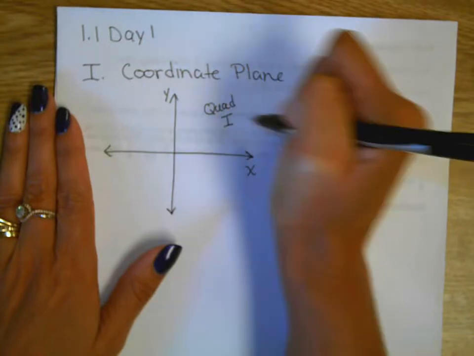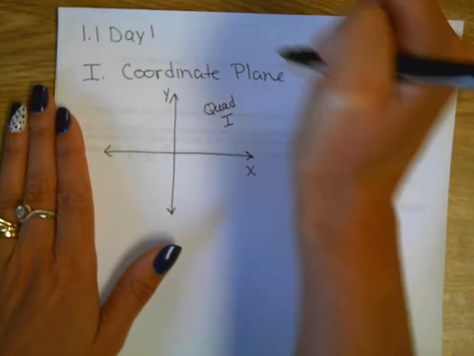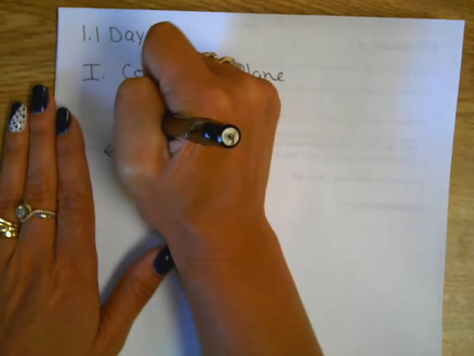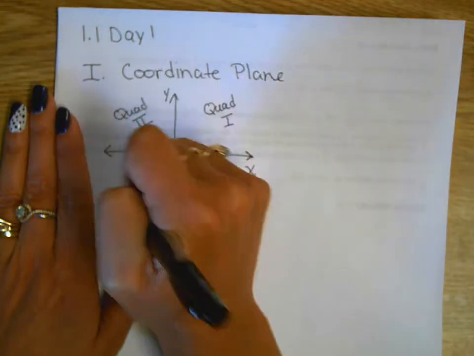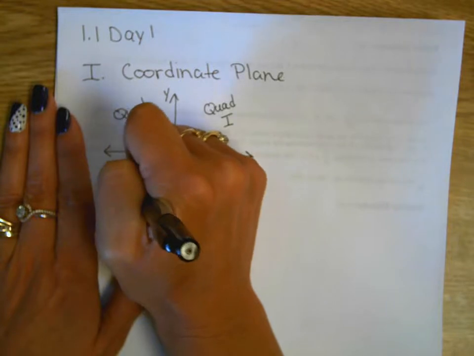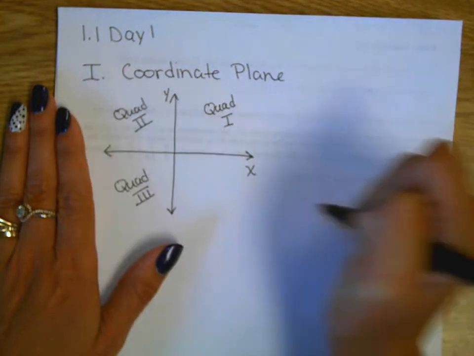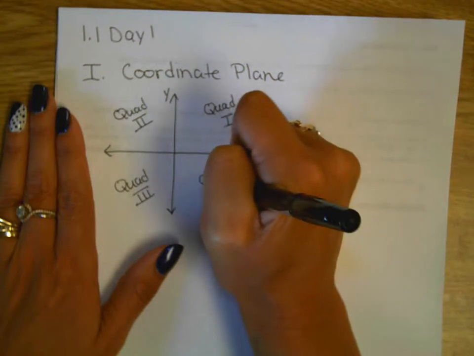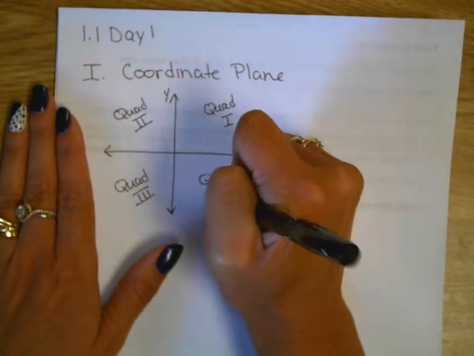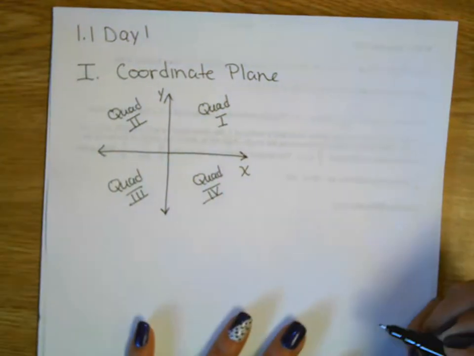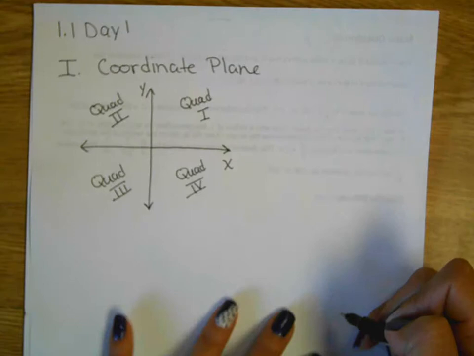Quadrant 1. Now go counterclockwise. Quadrant 2. Keep going counterclockwise. And finish with quadrant 4. Okay.